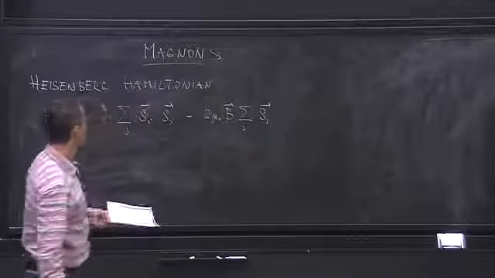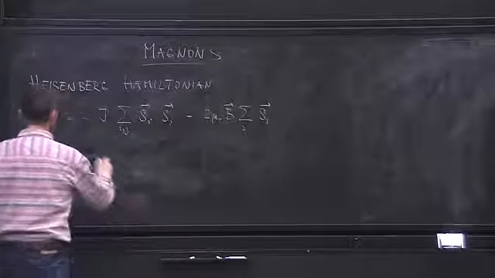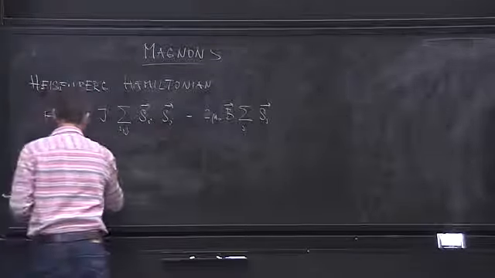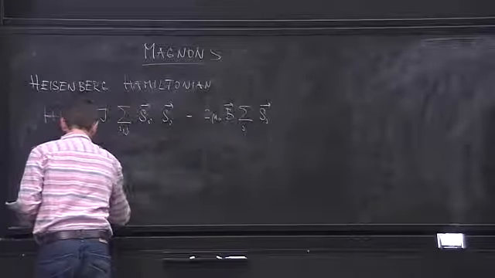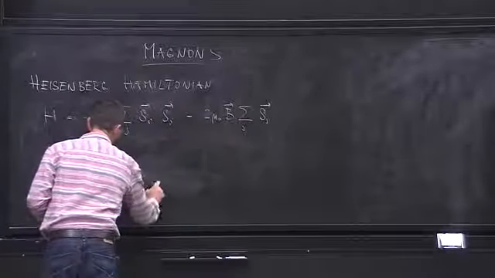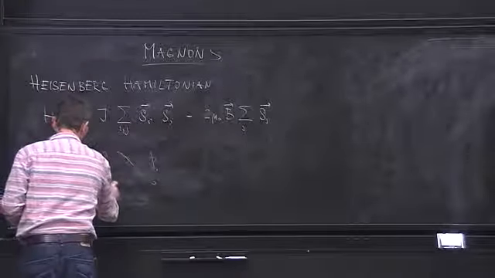So this is the famous Heisenberg model, and it describes a solid in which we imagine we have individual ions forming some crystalline lattice, and these ions have magnetic moments that we call S_i, S_j.